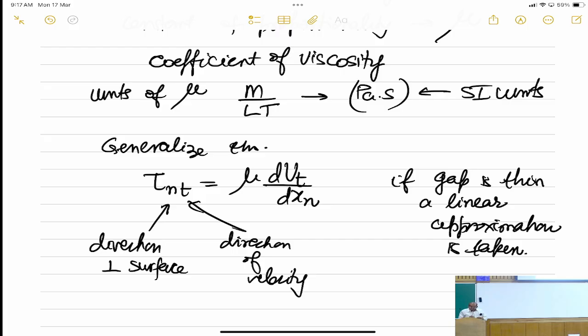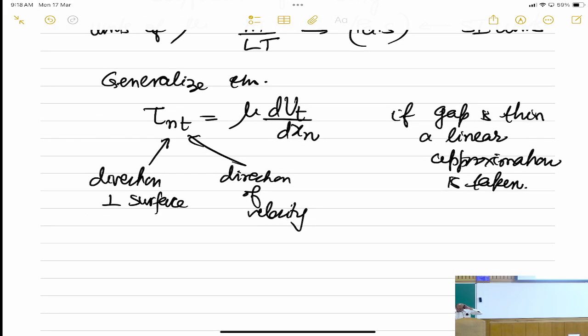Sometimes even in thin gaps, the linear approximation may not work, but at least as of now, we will take a linear approximation. And this may again be needed in some problems. So that's why I'm trying to do it now.